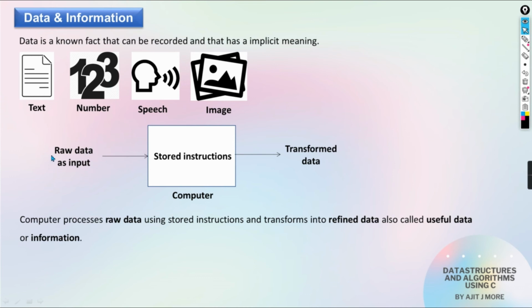So I give this raw data, the marks of all the students, but in my computer I have already stored the sorting algorithm. I have already written a program to arrange all these numbers in descending order.